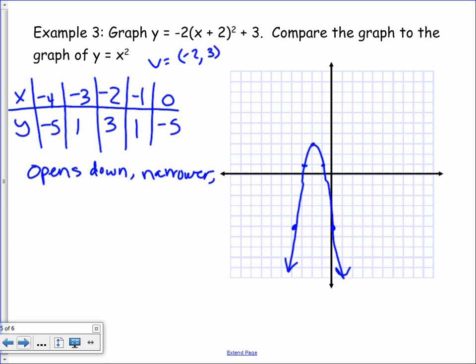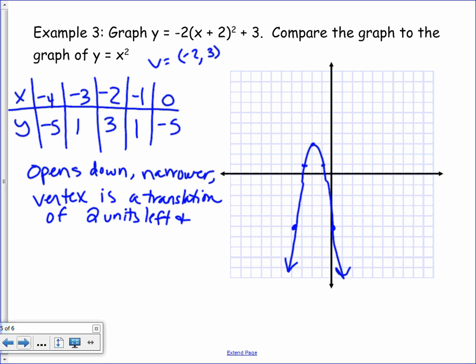And the vertex is a translation of 2 units left and 3 units up from the graph of y equals x squared.